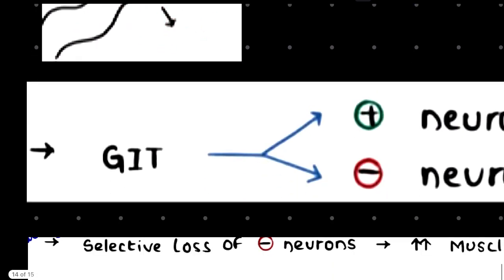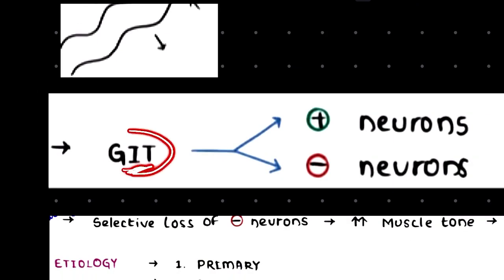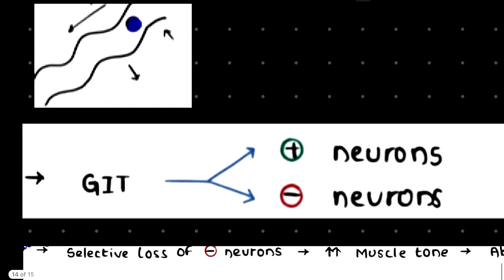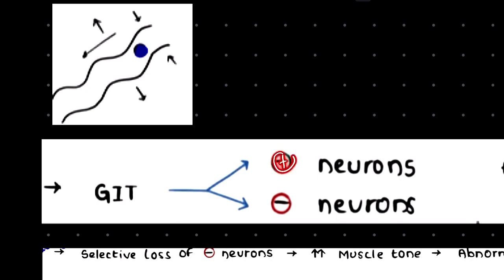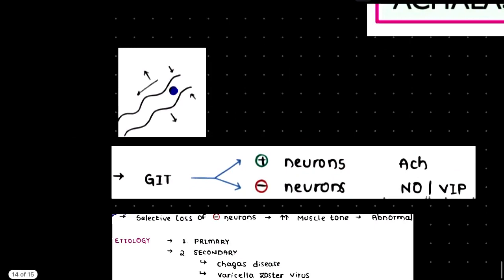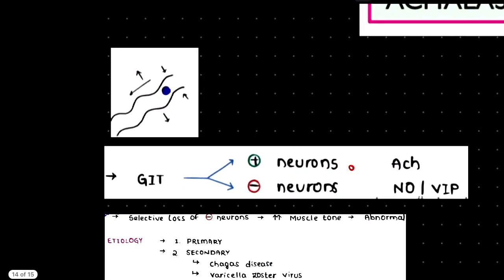In this diagram, you can see what are these plus neurons showing, and what are these negative neurons showing? These plus neurons are excitatory neurons, and they produce acetylcholine.